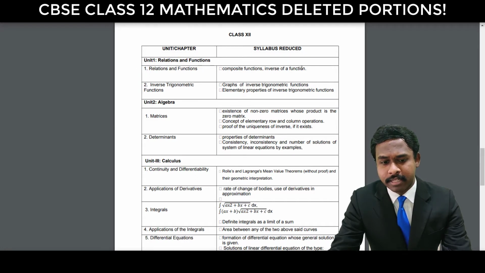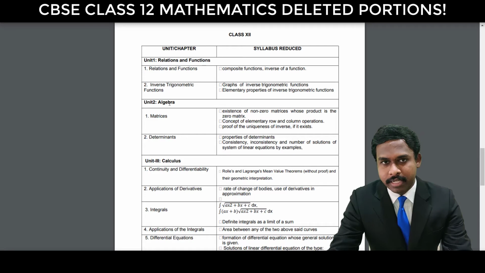So you don't have to study these two topics. The second chapter is inverse trigonometric functions, in which graphs of inverse trigonometric functions and the elementary properties of inverse trigonometric functions are not there. So you just have to remove these particular topics from the NCERT textbook and only focus on the other topics.